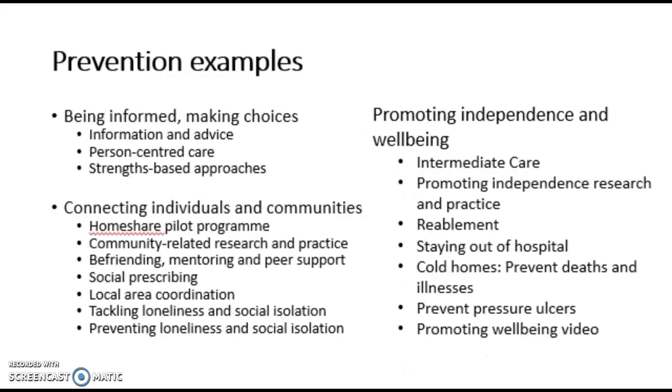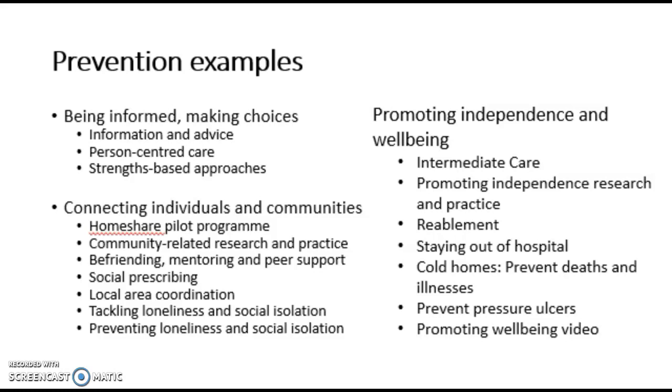And some other prevention examples are a bit more specific, like being informed and making choices. This is where information and advice, person-centered care, and strengths-based approaches are really common and proven effective.